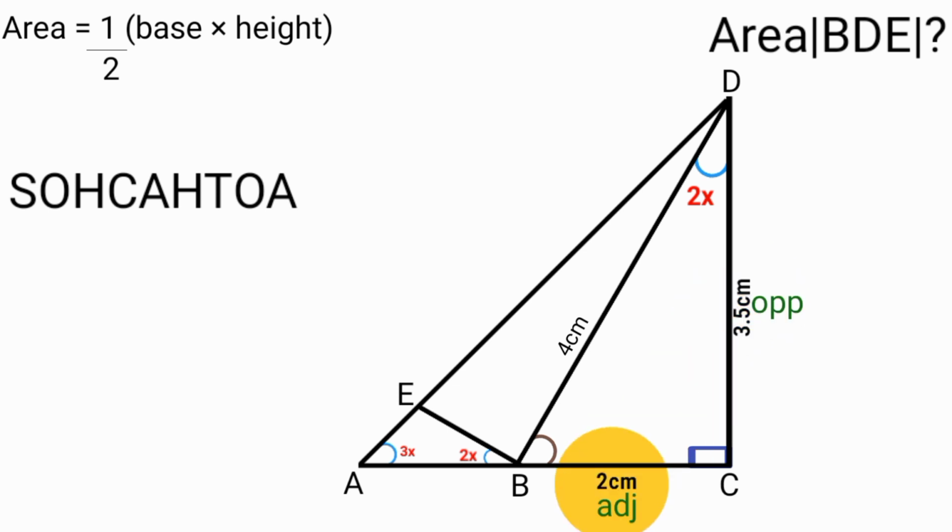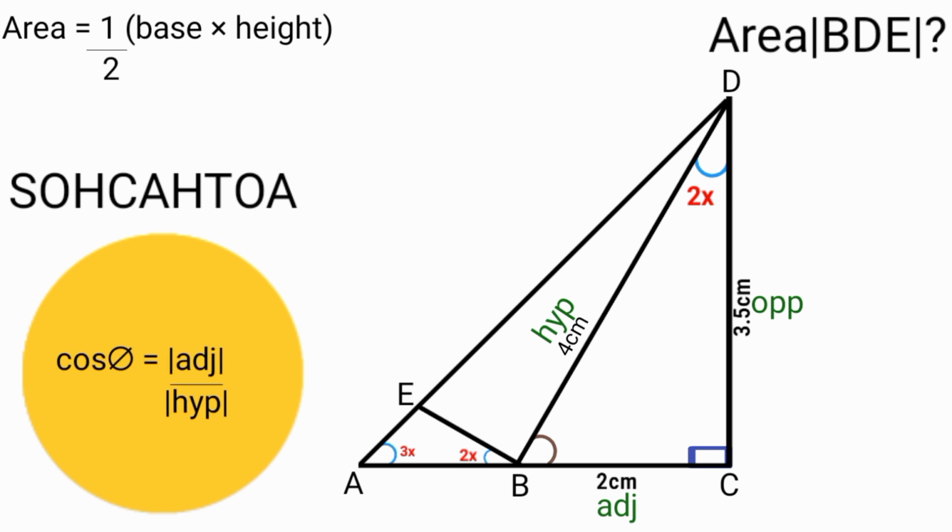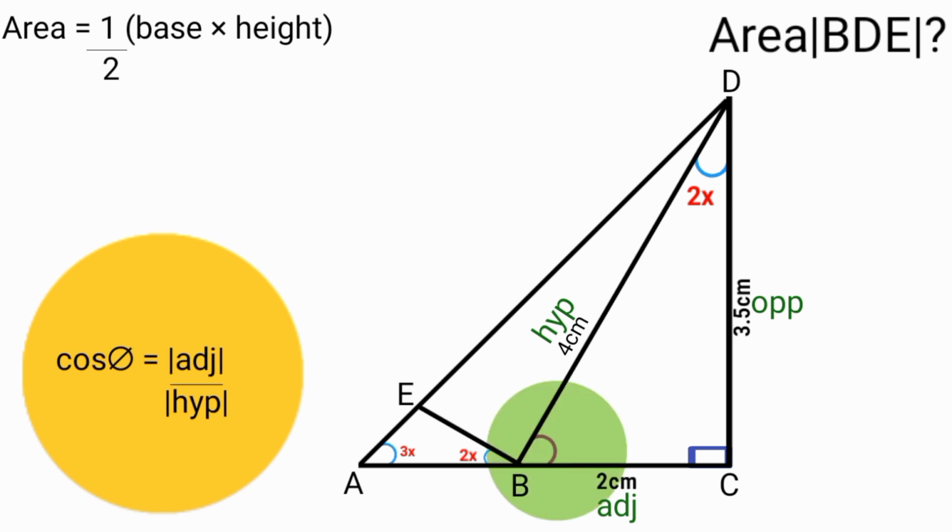This here is the adjacent, and this is the hypotenuse because it's facing the right angle. So from this, cos theta equals adjacent over hypotenuse. Theta is this angle here, adjacent is 2 centimeters and hypotenuse is 4 centimeters. So now cos theta equals 2 over 4.